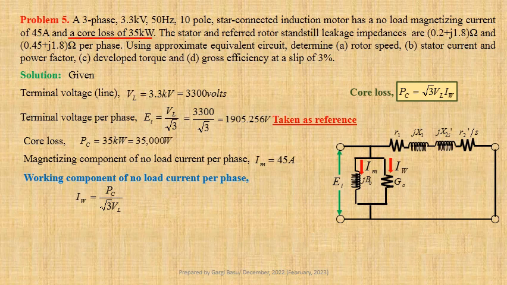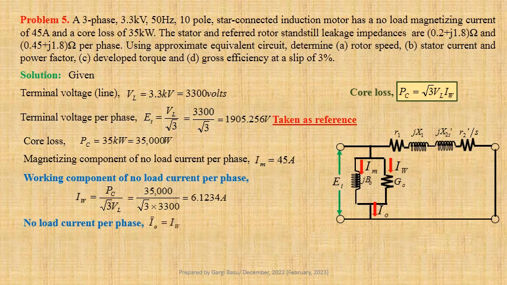Therefore, IW equals 35,000 divided by root 3 into 3300. That gives us 6.1234 ampere. Expression for no load current per phase I0 equals IW minus j times Im. That is equal to 6.1234 minus j45 ampere.